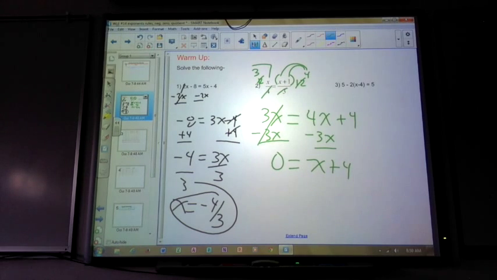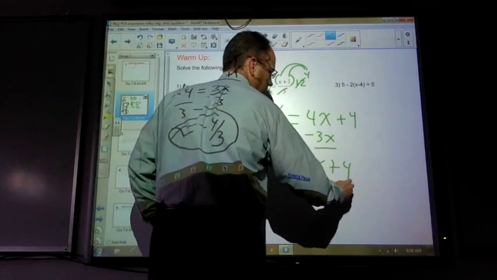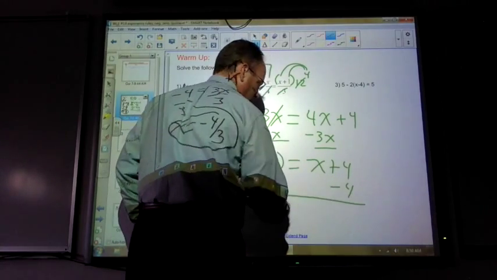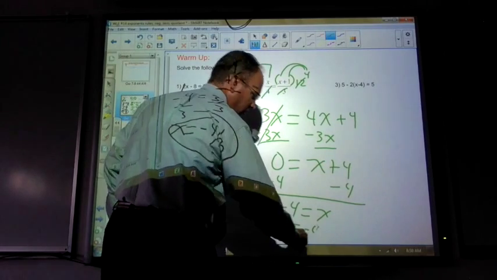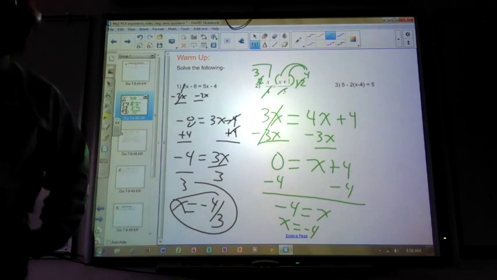You know it. I want x all by itself. I'm adding 4 to it right now. What's the opposite of adding? Subtract what? Yeah, buddy. Subtract 4 from both sides. So negative 4 is equal to x. Some people prefer it to look like this. Sweet. I like it.